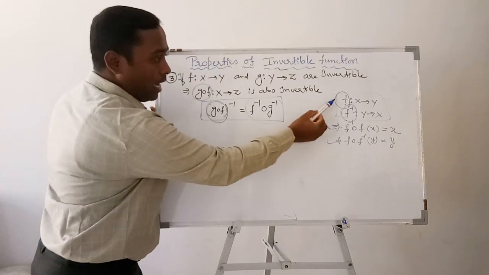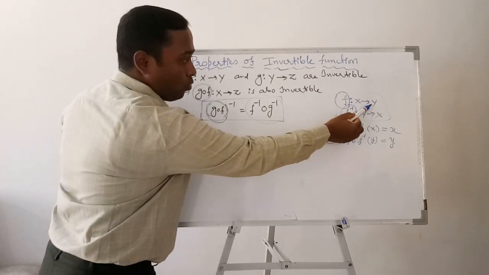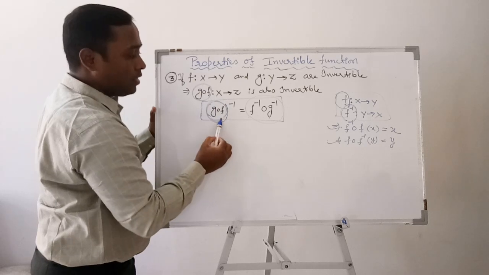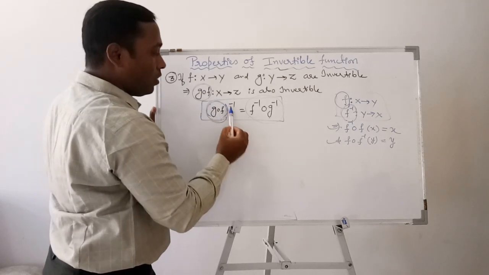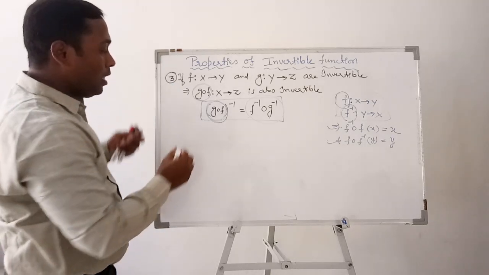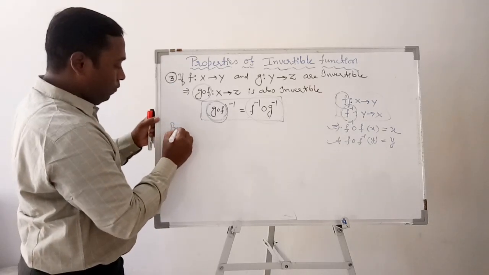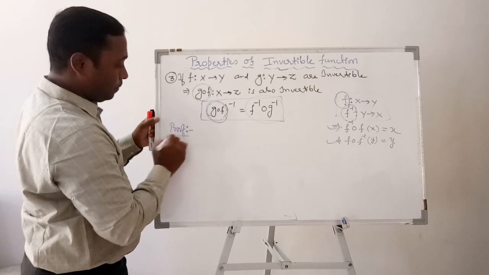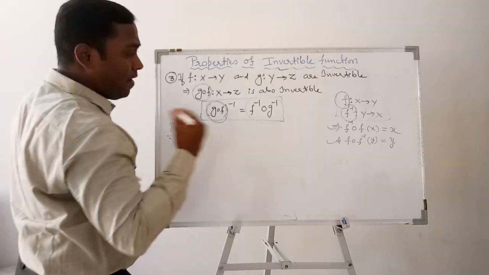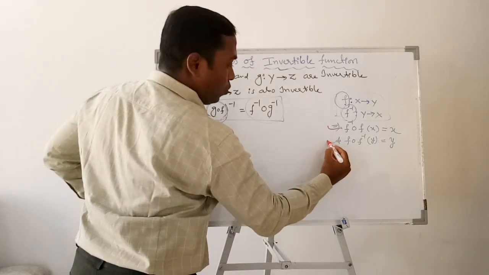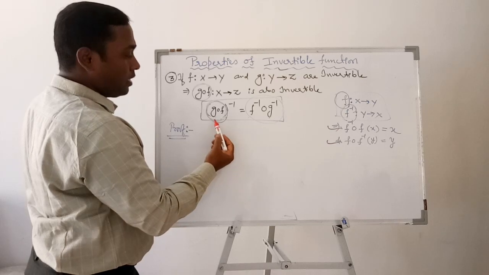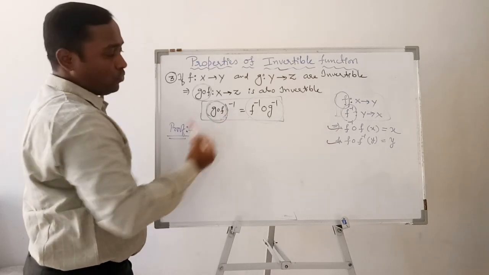I repeat, f is a function from x to y, so we can consider g circle f in place of f as a single function whose inverse is defined as this. So I am taking this function now to prove. See, how can we prove this statement? Simply, if I am able to prove these two conditions are true with this inverse, then I can say that this is the inverse of this function.